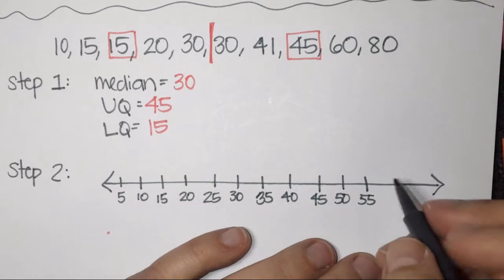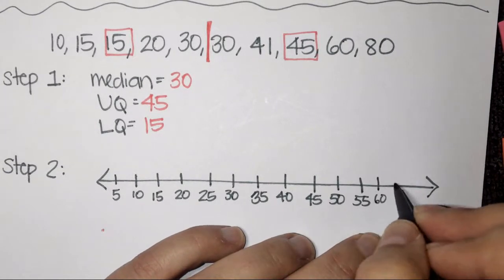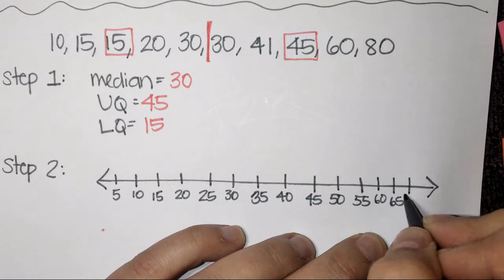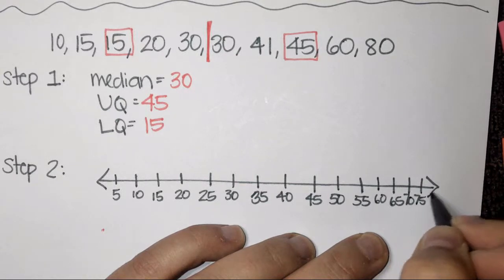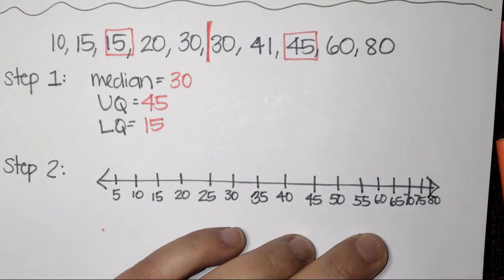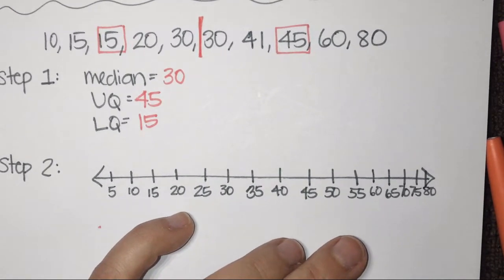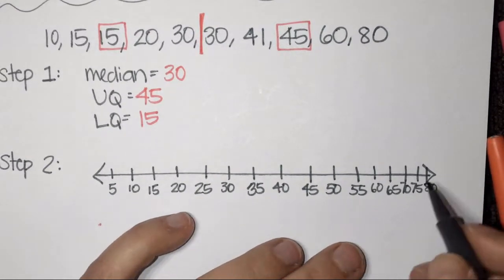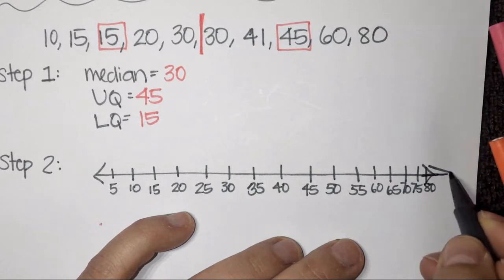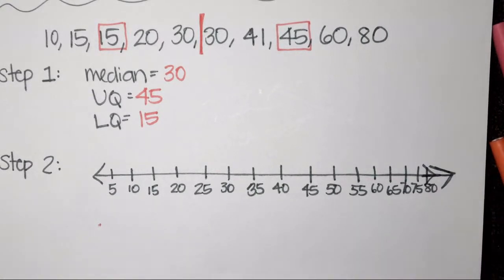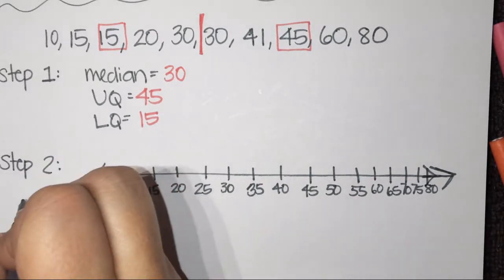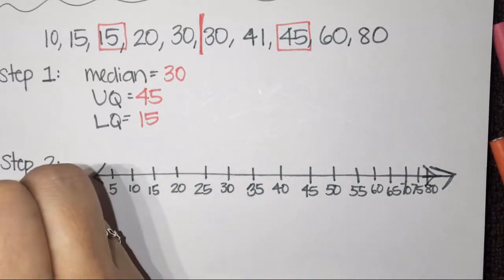I'm running out of room here. 60, 65, 70, 75. Oops, sorry, we're going to squeeze it in there. 80. It's kind of crammed.